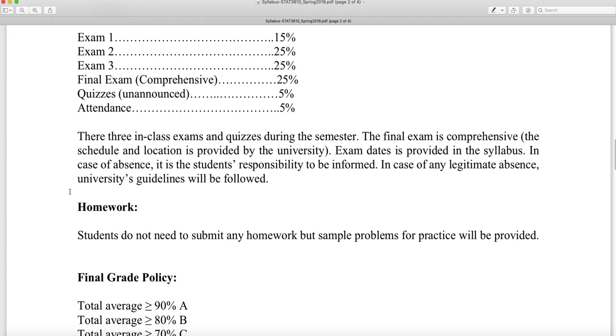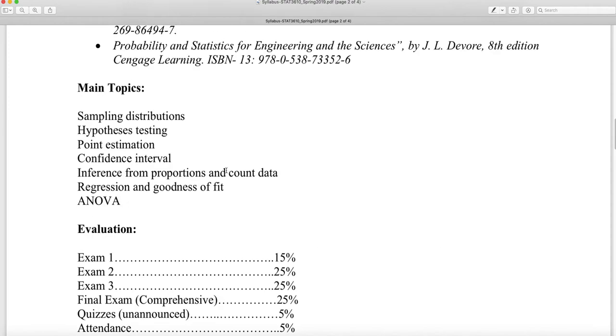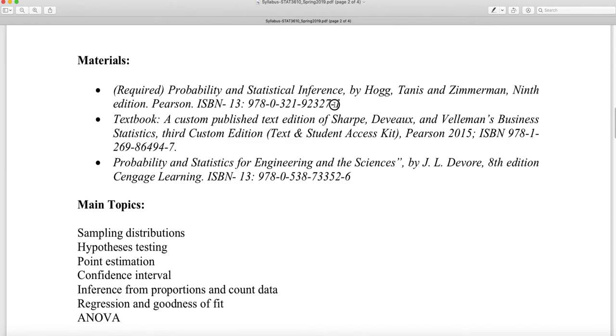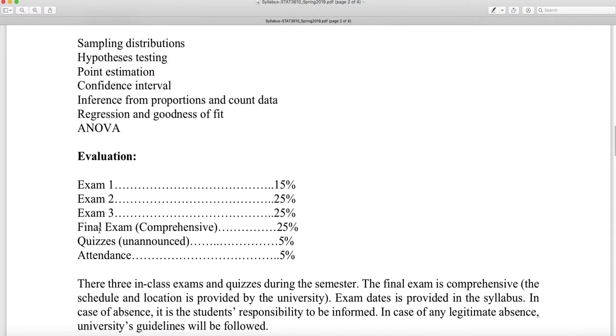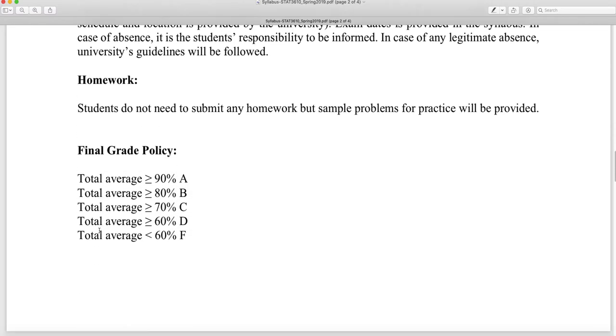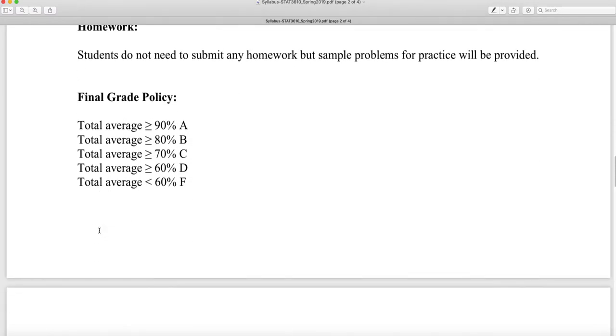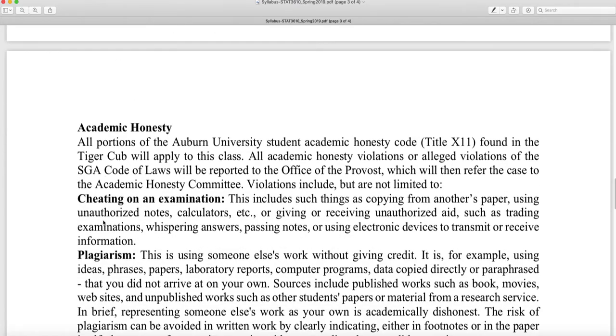I can select some sample problems from the first textbook and show which ones are more interesting for me. This is our grading policy, same as other courses. More than 90% is A, more than 80% is B, and same logic for other grade levels.